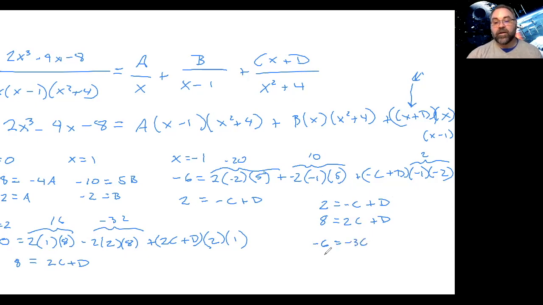And so there you go. C is equal to 2. Pick one of these equations and you'll get that D is going to be 4 and you're good to go.